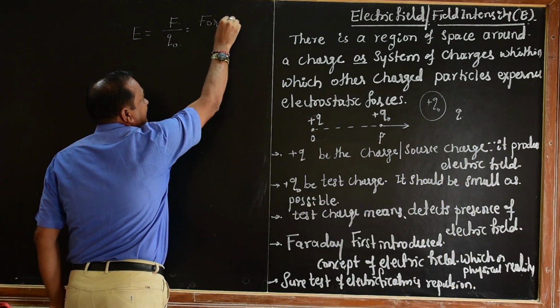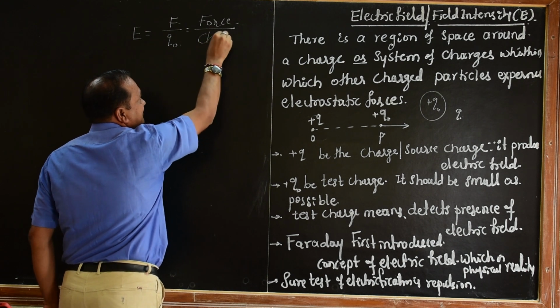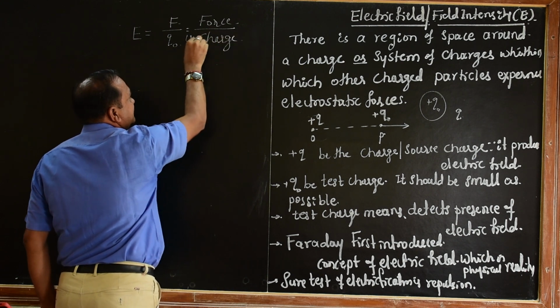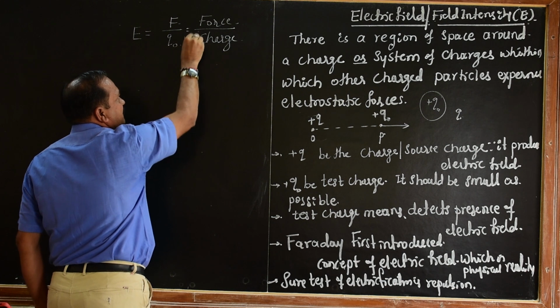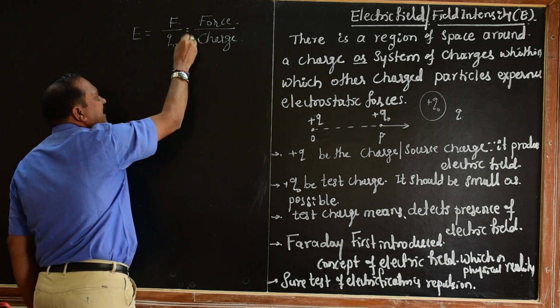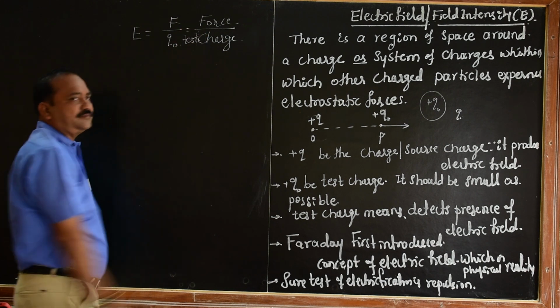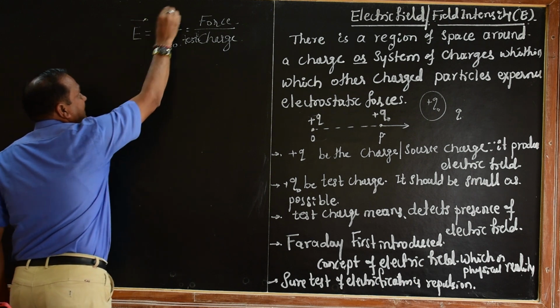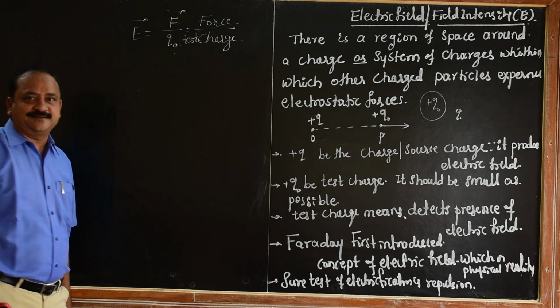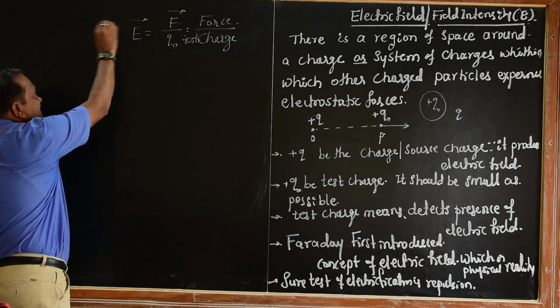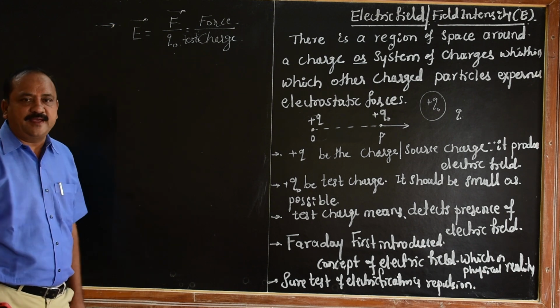Force divided by the charge, the unit positive charge or test charge. E equals F divided by Q naught. That's the first important thing, the formula.